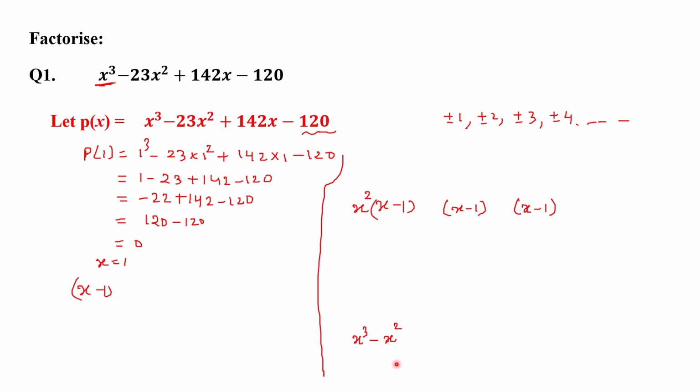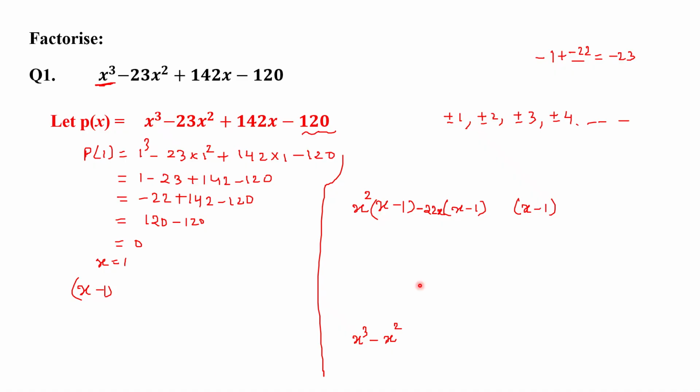Now here the numerical coefficient of x square is minus 1, but here it is minus 23. So think: in minus 1, what should you add such that it becomes minus 23? Obviously if I add minus 22 to minus 1, it will become minus 23. So for the next step we have to multiply with minus 22 times x.